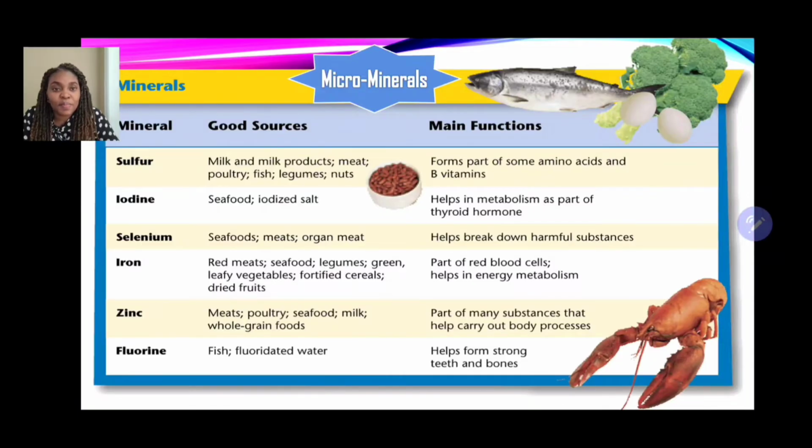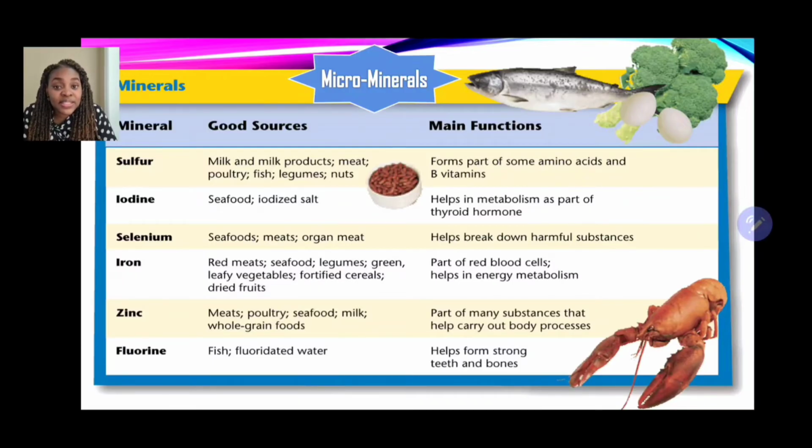Our next mineral or trace mineral is iron. Very important in our bodies, right? So iron, good sources are red meat, seafood, legumes, green leafy vegetables, and fortified cereals, which means when something is fortified, it wasn't in the particular product originally, right?